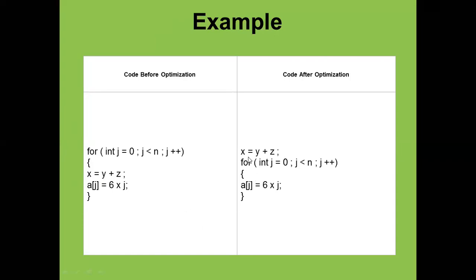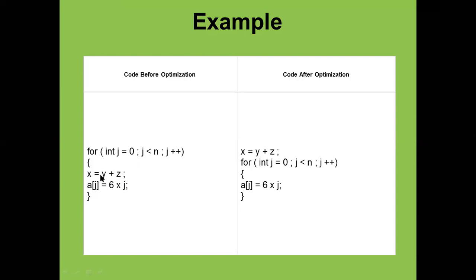So here, you can write x is equal to y plus z like this. Because of the loop, here you can see there is a counter j, and a[j] is equal to 6 into j is dependent on this, not x is equal to y plus z.